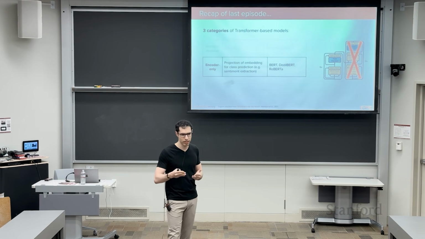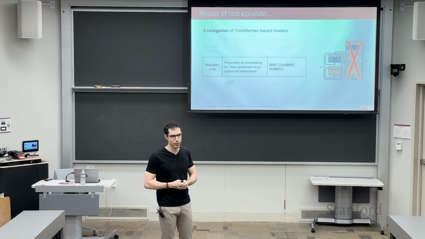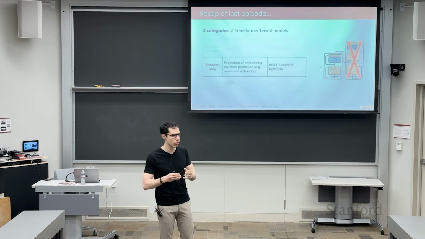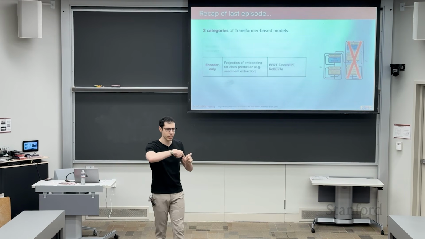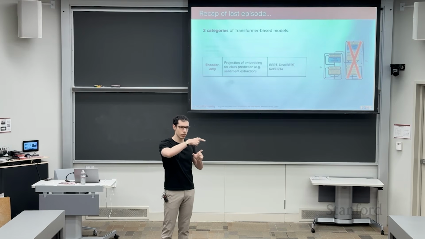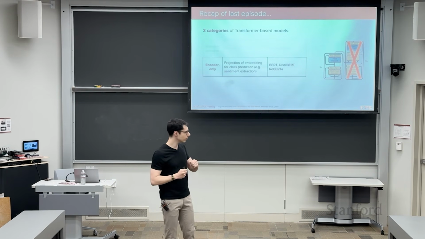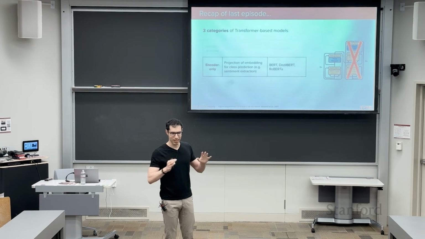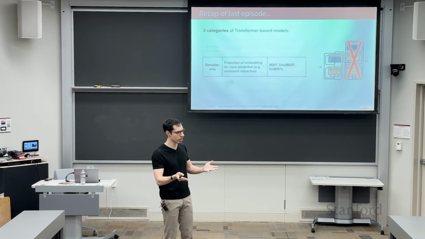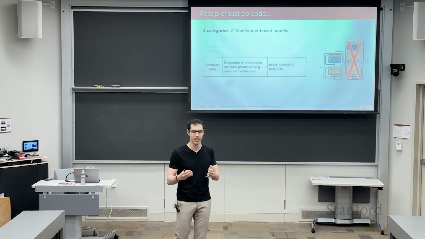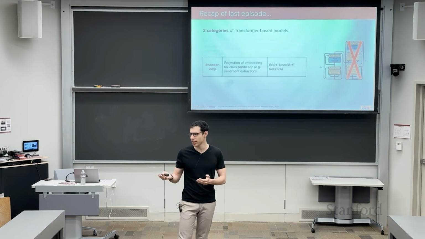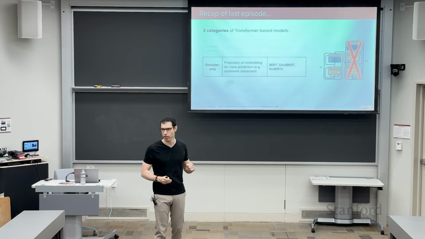So we saw the example of classification, sentiment extraction, where we took into consideration the encoded embedding of the CLS token. In real life, BERT is used to encode documents and sentences, and we're going to see later in the class how these models are useful.